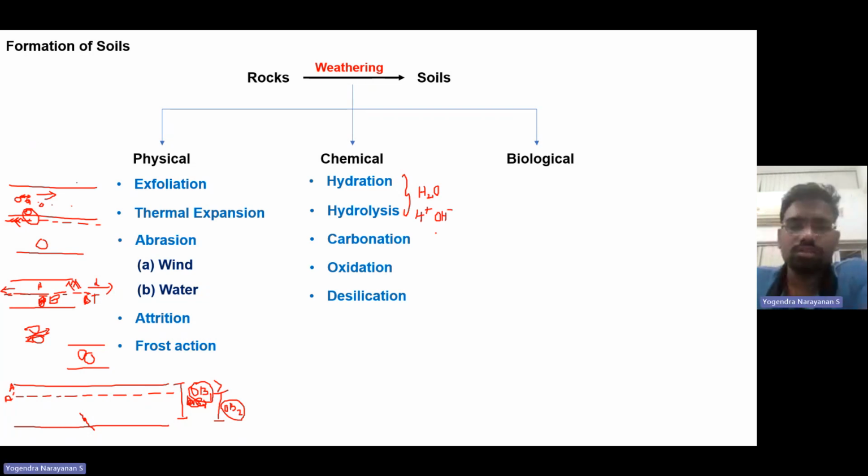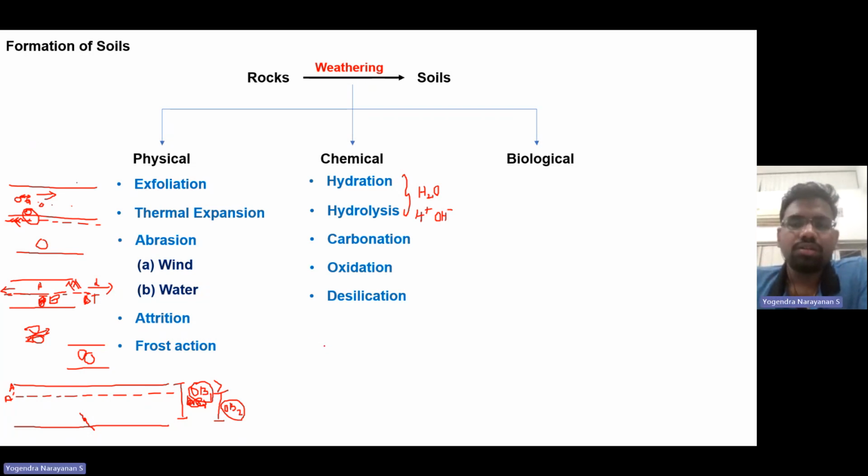So it reacts further, for example, in the formation of carbonic acid, etc. And the third one is carbonation, which is essentially the formation of carbonates through the action of CO2.